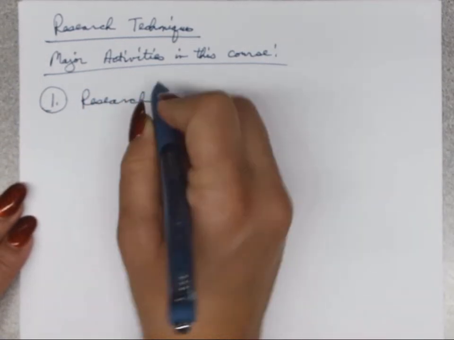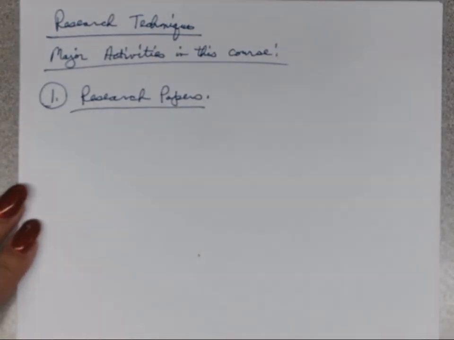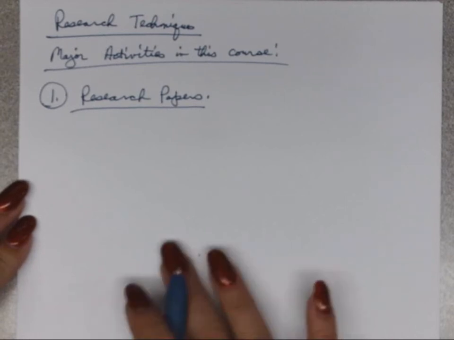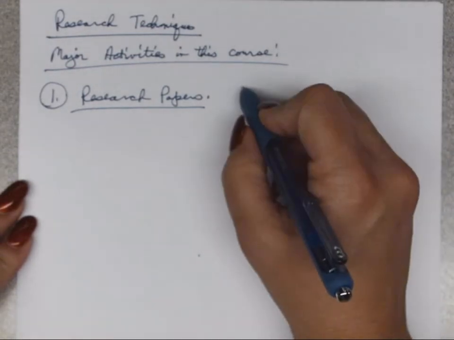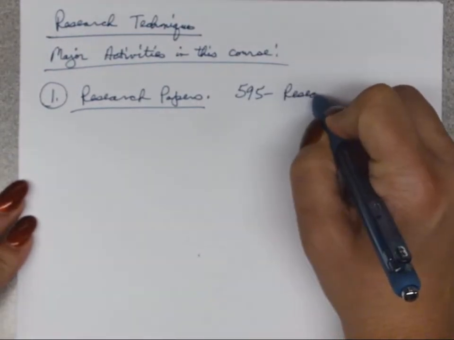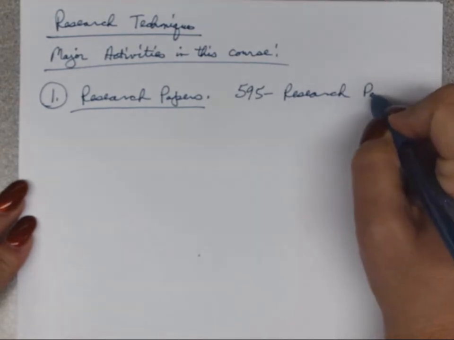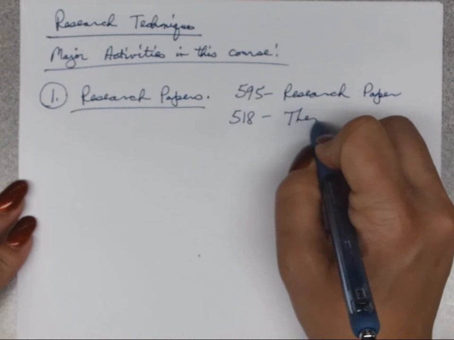Okay, this is one thing about this course that is a little bit tricky because it depends on what program you're in. Most programs have either a 595, which is just a flat-out research paper, or they have a 518, which is a thesis option.